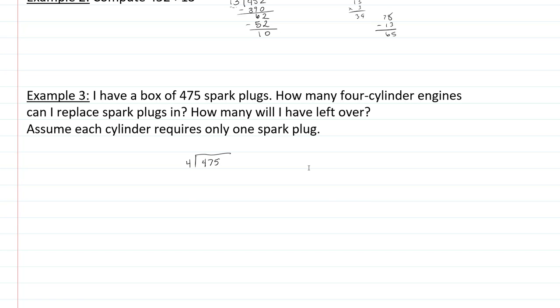Since this is a one-digit number at the front, we just look at the first number. 4 goes into 4 once, obviously. 4 times 1 is 4. And we have zeros as placeholders. We subtract. We're left with 75. So 4 goes into 7 how many times? 1. 1 times 4 is 4, and we're left with 35.